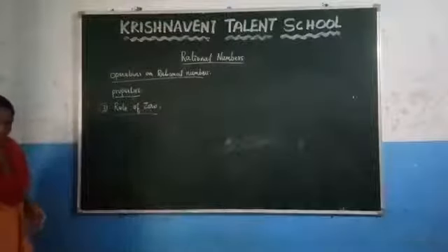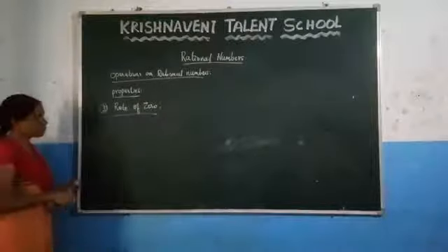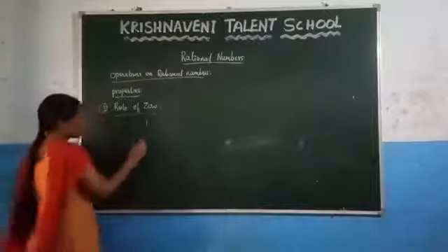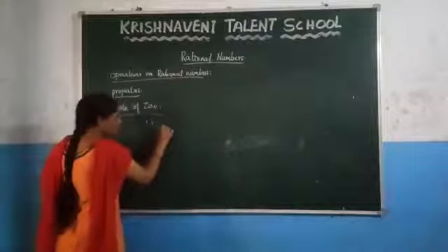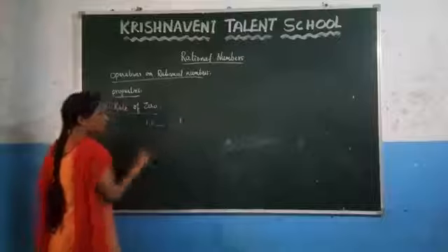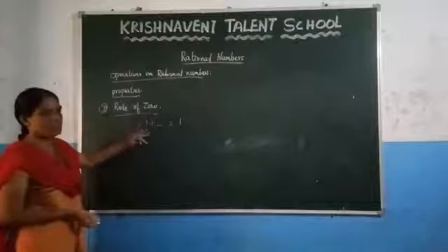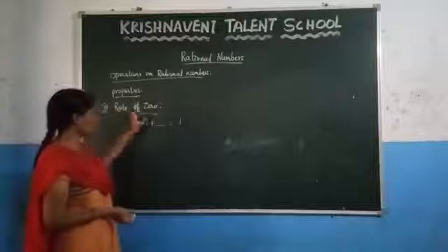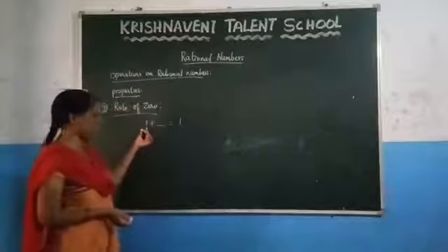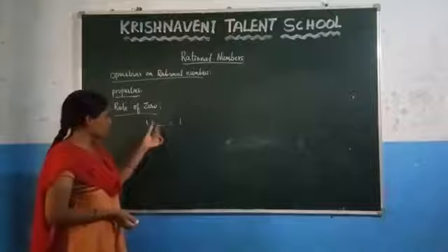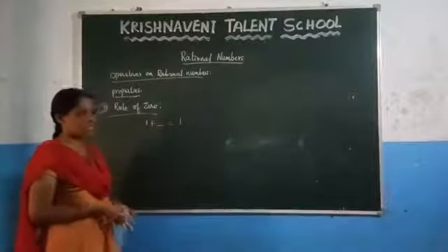Here role of 0 means if you consider any rational number and if you add one number, you have to get the result as the same number. So what is the number you have to add here? What the role of 0 says is that if you consider any rational number and if you add that number, you have to get the result as the same number.